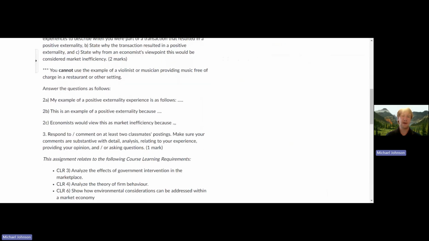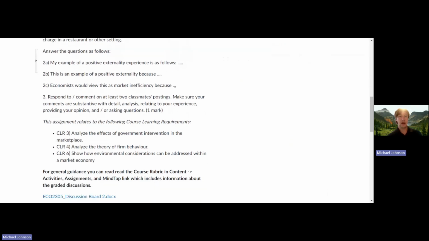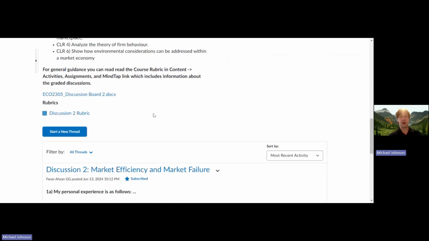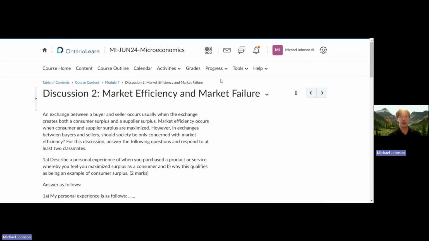Talk about that and respond to at least 2 of your classmates' postings, and make sure you follow the rubric. So that's what's coming up for Module 7.